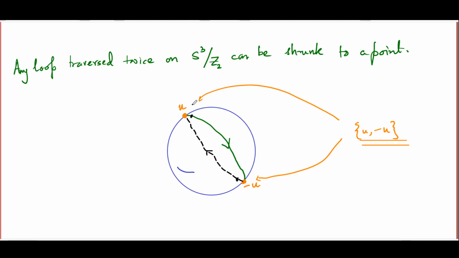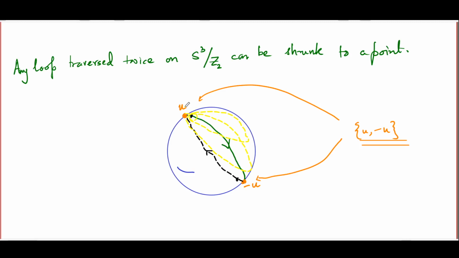Now we can of course shrink this loop down to a point on S2 without changing the beginning point, that is staying on U, and without breaking the loop, as well as staying completely on the surface. All I have to do is simply shrink this loop down slowly until it comes to a point.